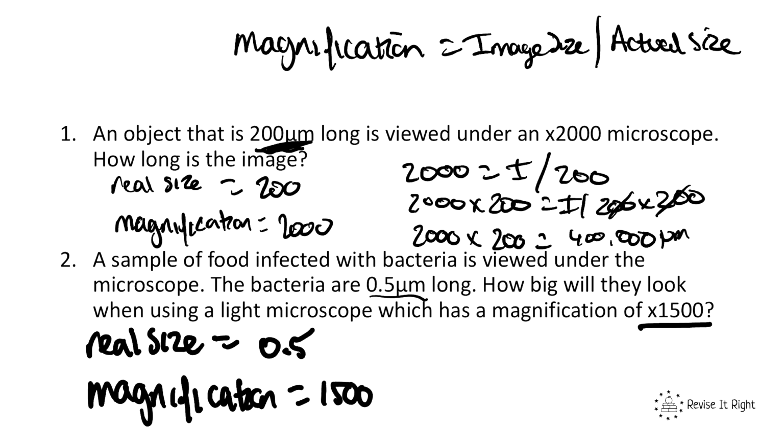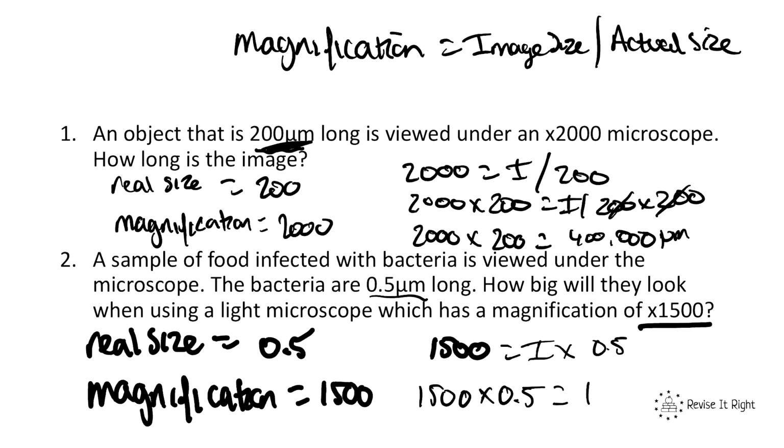Input this into our equation, so 1500 equals I divided by 0.5, then 1500 times 0.5 equals I, so our image size is equal to 750. So you should have got 750 for that one, and again they've given it in micrometers, so that will be micrometers.